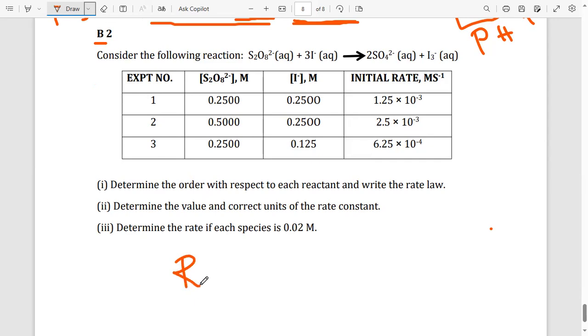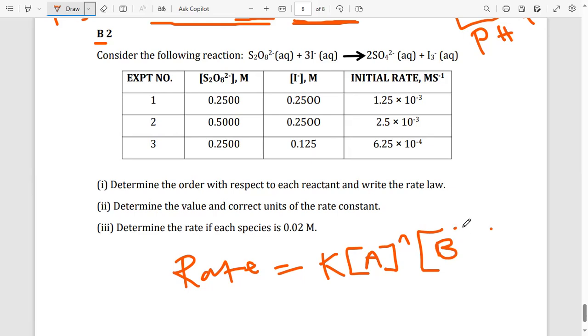So the rate law is given by k, and then you put your first reactant to the power, let me say n, and then the second reactant, let's name it B, to the power, let's say m. So this here is what is known as the rate law.